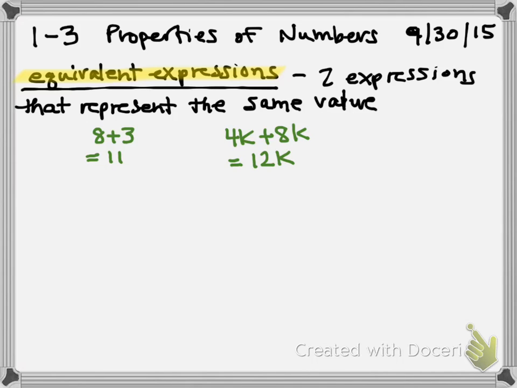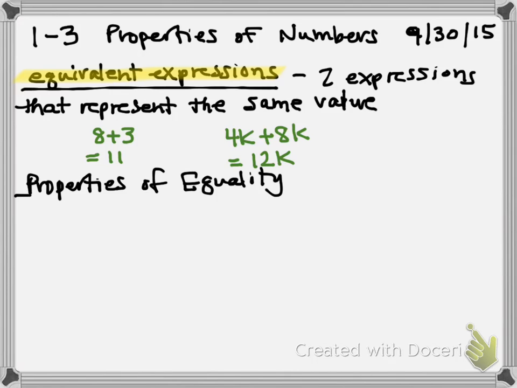All right. So the first group of properties we're going to talk about are called properties of equality, which tell you that there's an equal sign involved in all of these. So properties of equality. Now, a lot of kids, we use these a lot in geometry class, but there's a lot of geometry, again, being brought into algebra class.